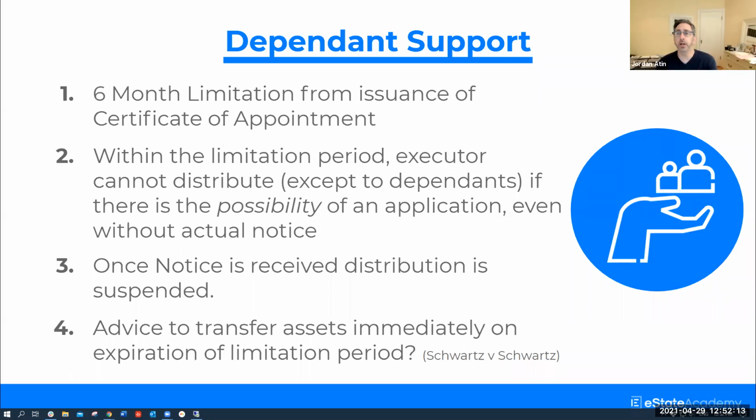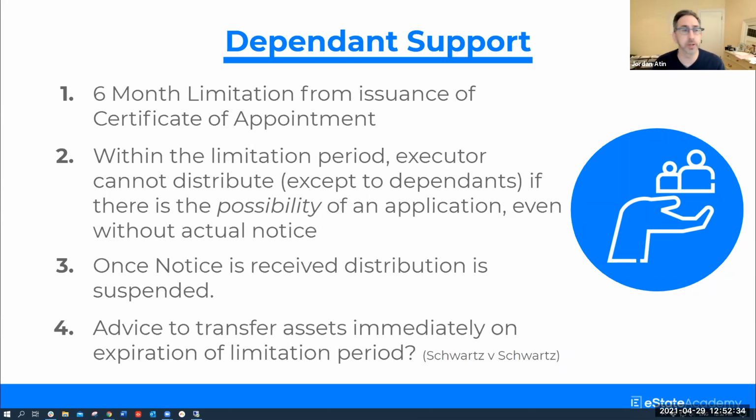So I just wanted to talk a little bit about the executor's role, and the scenario is: the executor comes in, you're acting, you know that there's a child out there who was receiving support at the time of death.